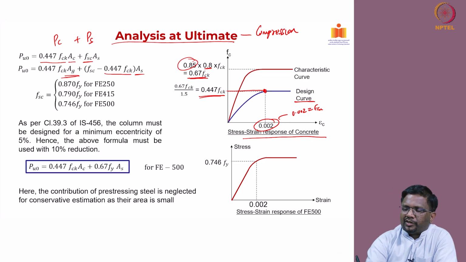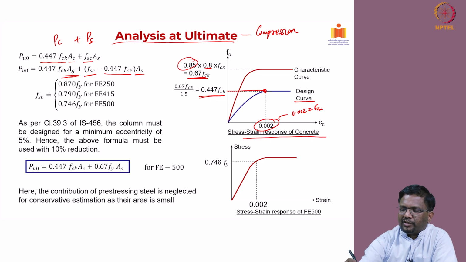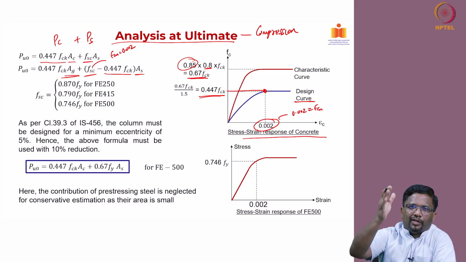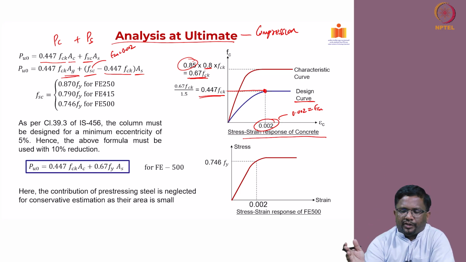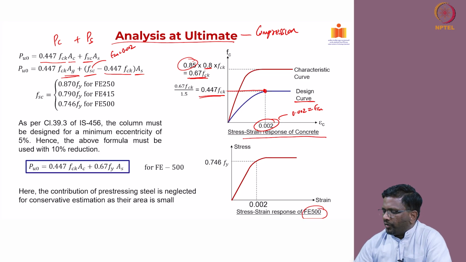Now, what is the stress in the steel? This is the stress in the steel corresponding to epsilon cu equal to 0.002. That is the ultimate strain for concrete, and in axial load you know that the entire cross section will be subjected to the same strain, right. Depending upon the grade of steel, for example Fe 500, for a strain of 0.002, what is the stress that we get?